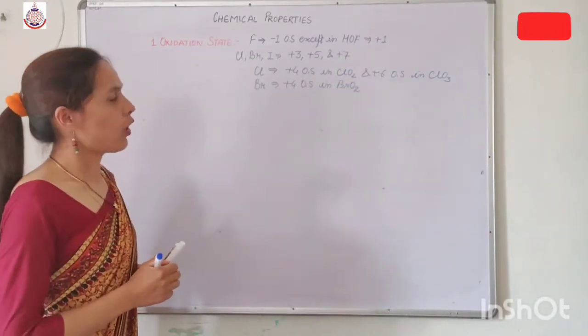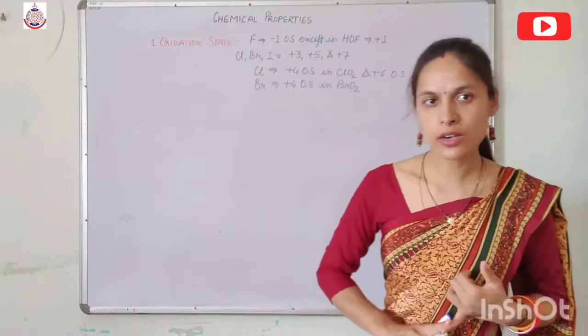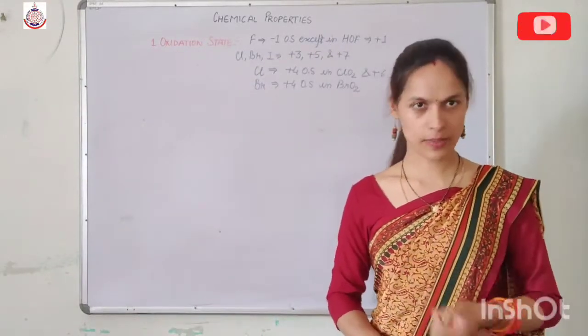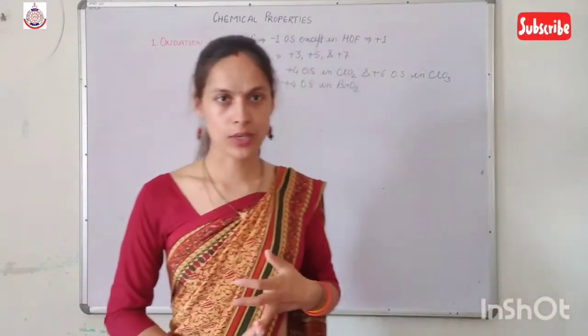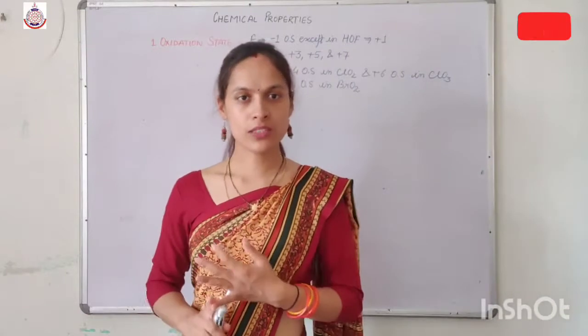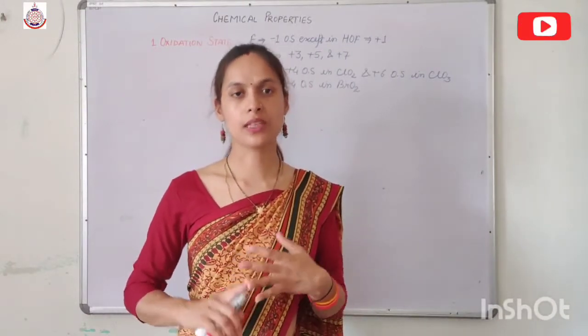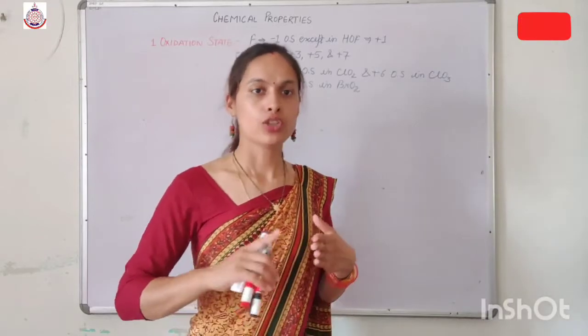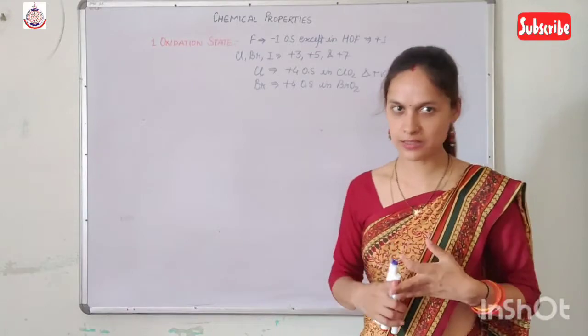So all the elements of the halogen family show a general negative oxidation state, that is -1, and a general positive oxidation state, that is +1. Along with these, the higher members, that is chlorine, bromine and iodine, show higher positive oxidation states, that is +3, +5 and +7.